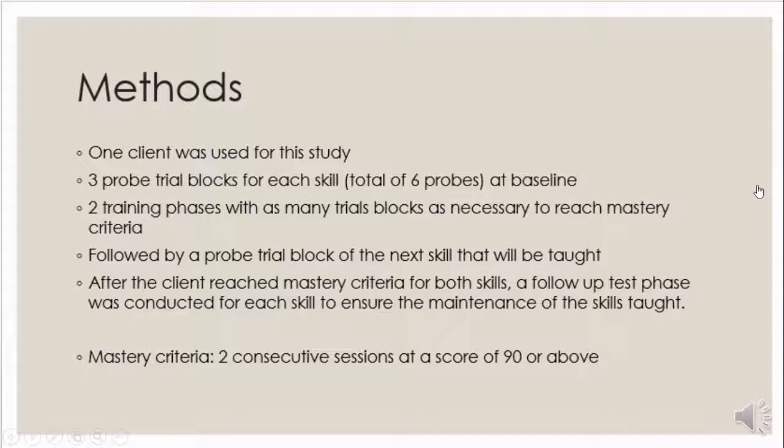After the client reached mastery criteria for both skills, a follow-up test phase was conducted for each skill to ensure that there was maintenance of the skills. The mastery criteria was a little bit different from the initial study, as previously stated, and it only required 2 consecutive sessions at a score of 90 or above.